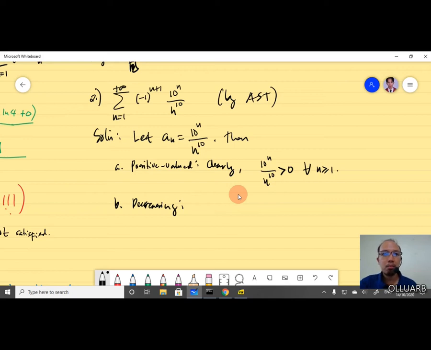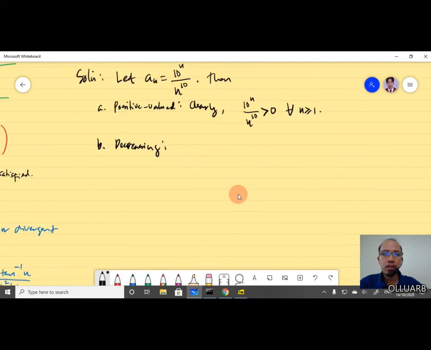Sorry. Method number 1 and method number 2 are useful if you have a polynomial function. But if it is other than polynomial, then use the idea of derivative.